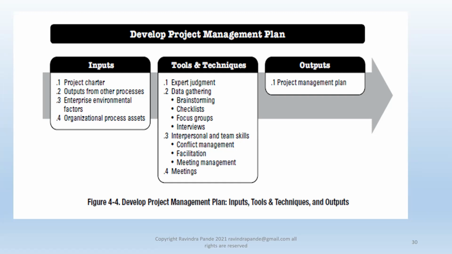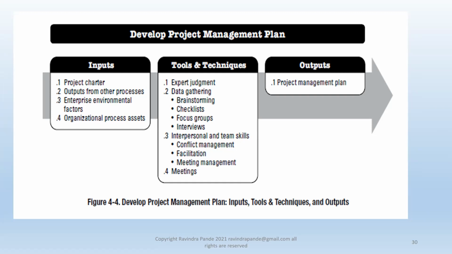And then of course we have EEFs and OPAs, enterprise environmental factors and organizational process assets, taken as an input in terms of whether you have found anything extra to add, in terms of new risks, or new understanding of challenges within your environment, within your process improvements. If you found any new templates, or any new software rather than using a Word document or Excel sheet, which is really cumbersome to update if it's being updated by too many participants, we might have a web page which mentions all the traceability and all the improvements going into these documents, and so on.